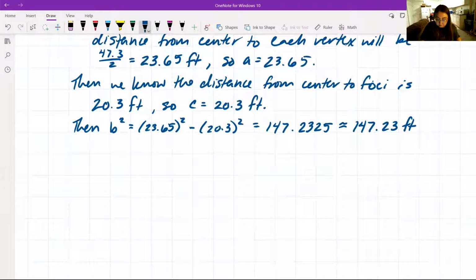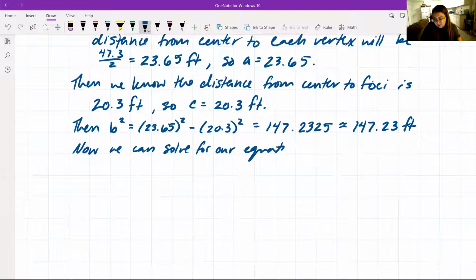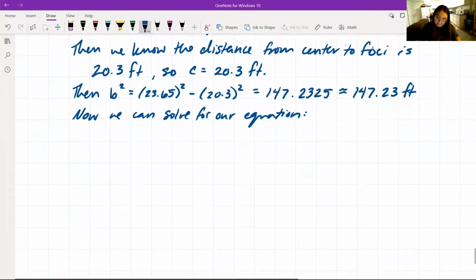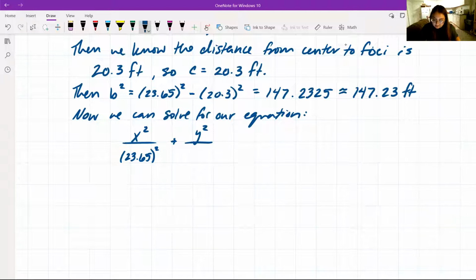Now we can solve for our equation. We get that x squared over 23.65 squared plus y squared over 147.23 is equal to 1.